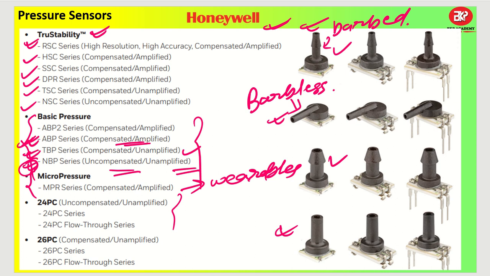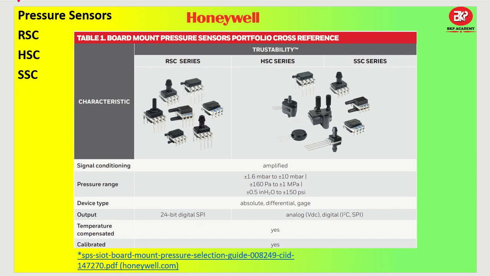Let me highlight some of the pressure sensor cross references. The RSC, HSC and SSC series are very closely related. In terms of features, signal conditioning is amplified for all of them. The pressure range is plus minus 150 pascal to 1 megapascal.